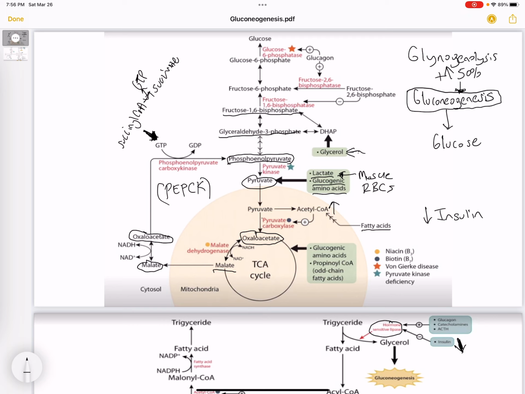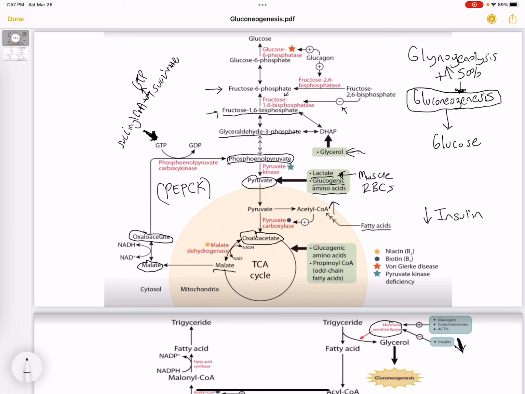Now, in order for fructose 1,6-bisphosphate to be converted into fructose 6-phosphate, we need the enzyme fructose 1,6-bisphosphatase, as you can see here. This enzyme is going to be inhibited by fructose 2,6-bisphosphate.